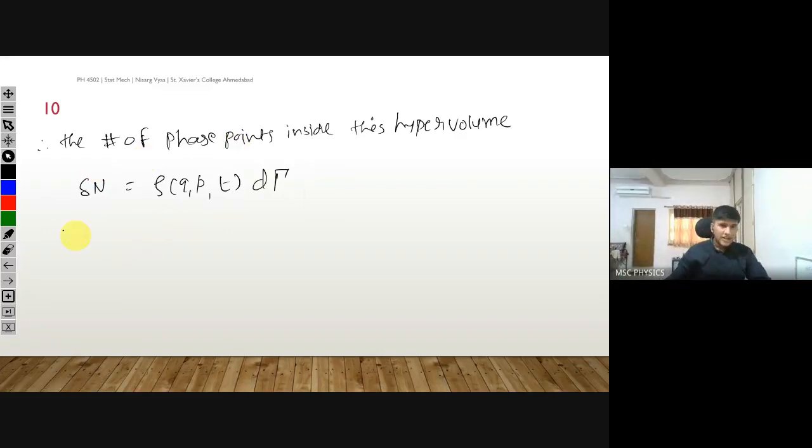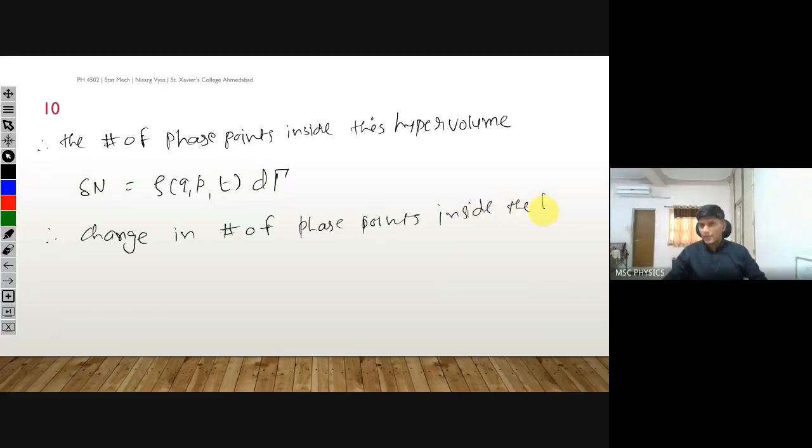Therefore, the change in number of representative points or phase points inside this hypervolume per unit time is given by d by dt of delta n, because I want to know the change of this number per unit time. That's why I divided it by dt.